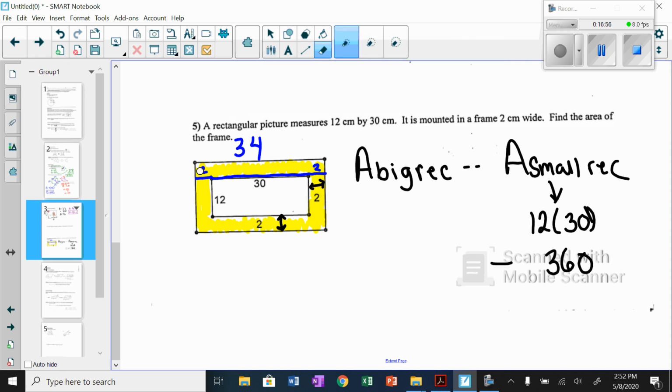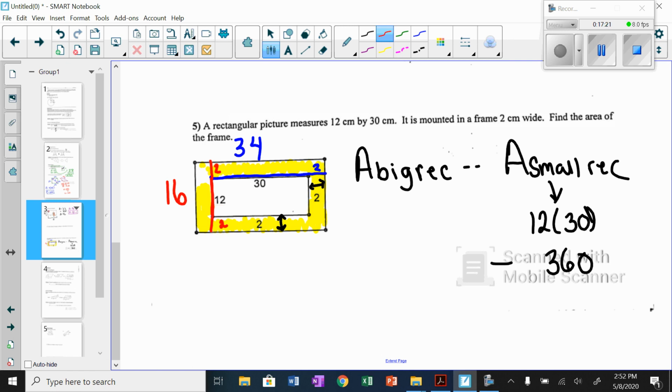And it's the same idea when we're finding the height. The height of the little rectangle is 12, but to get from the little rectangle to the big rectangle, we're going to add 2 to the top and 2 to the bottom. So the height, not the area, the height of the big rectangle is going to be 12 plus 2 plus 2, which is 16.